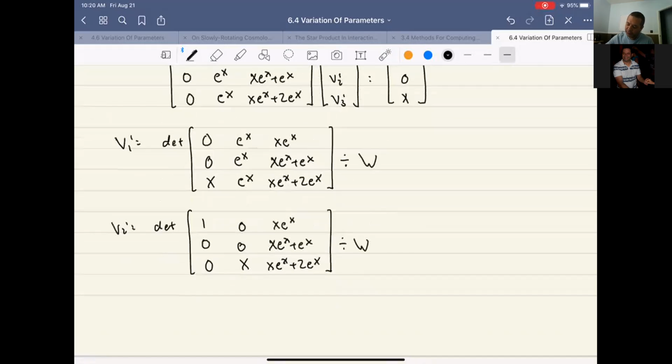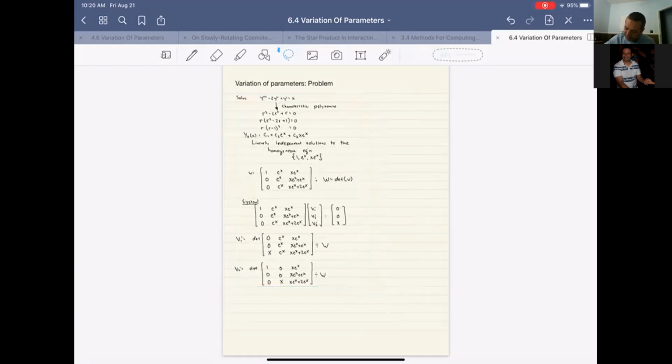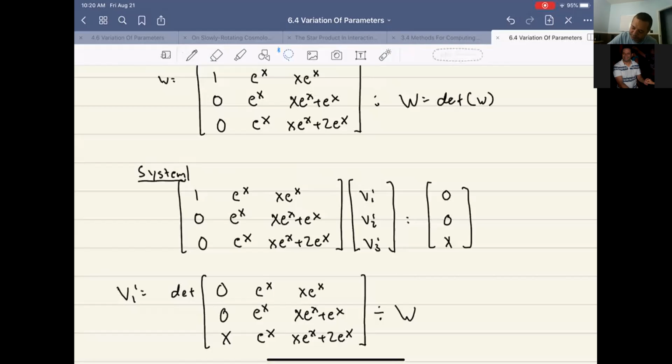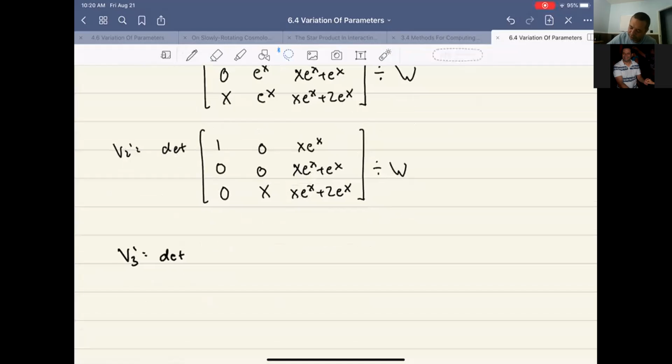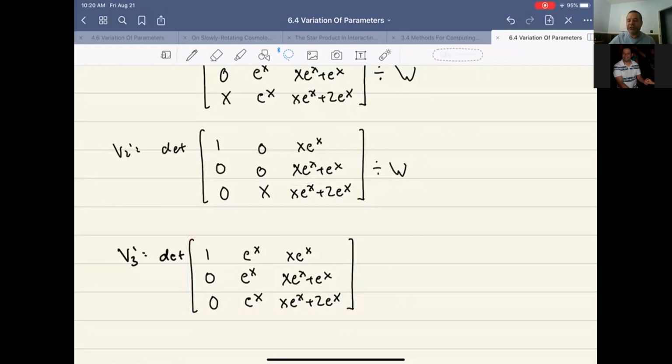Okay, running out of space. Not a problem. Okay, then V3 prime is going to be the determinant of, now, which column now?